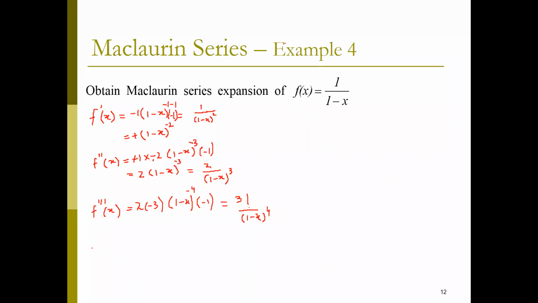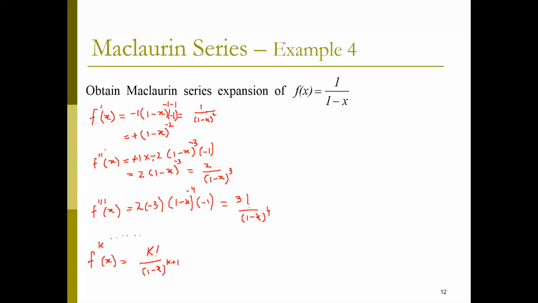In the same way, if we proceed, what will be the kth derivative? If I am interested in the kth derivative, f k x, this is equal to k factorial divided by 1 minus x raised to the power what? Can anyone tell me what will be the power? K plus 1. The reason is, if we have the third derivative, we have 1 minus x raised to the power 4.